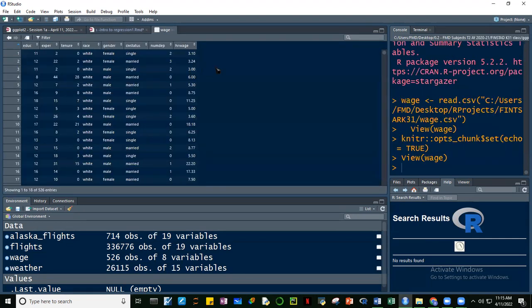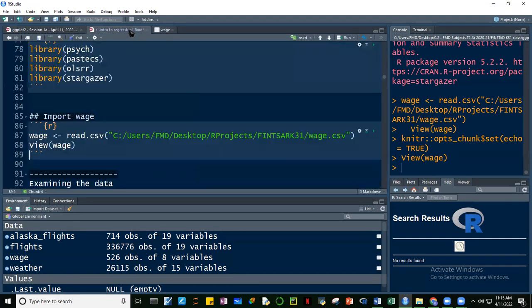Okay, so we were working on this last time, guys. Our outcome variable here is our hourly wage. We'd like to investigate whether education can describe hourly wage. Hourly wage is our outcome variable, or our response variable. Education was the variable that we used to be our explanatory variable.